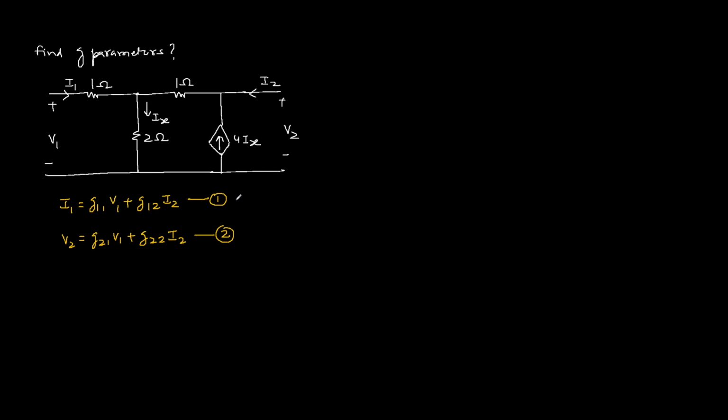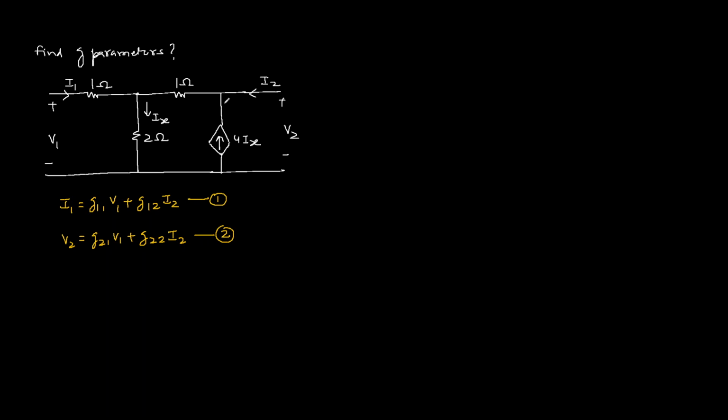This is the second equation. Now in this circuit we will apply KVL and KCL to write two equations in the form of equation 1 and 2, and by comparing those with equation 1 and 2 we can find out the 4 G parameters. So let's start solving.